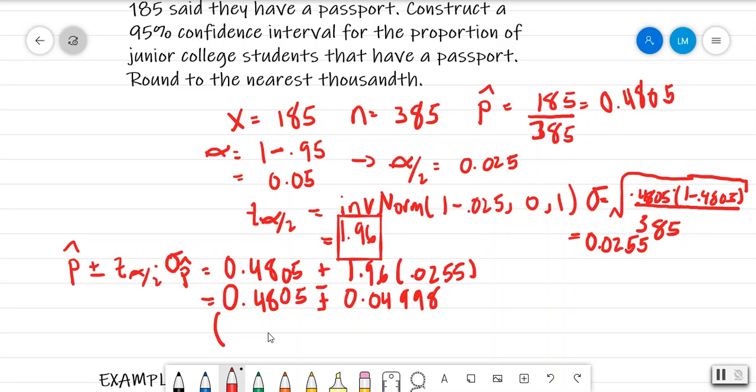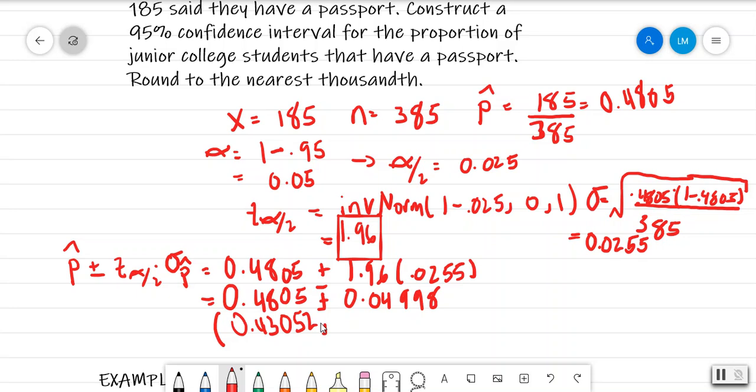And that gives us about 0.43052. Okay, so we need to take basically the same thing but change it to addition.